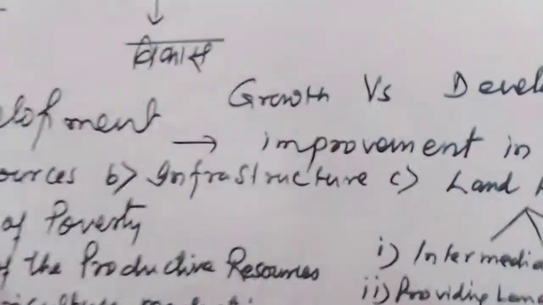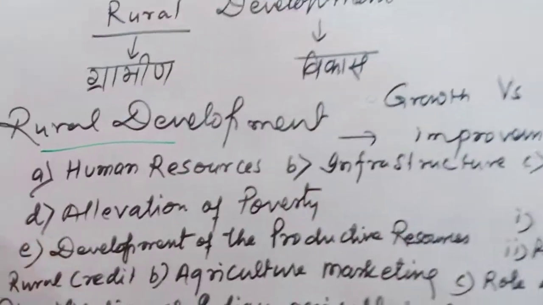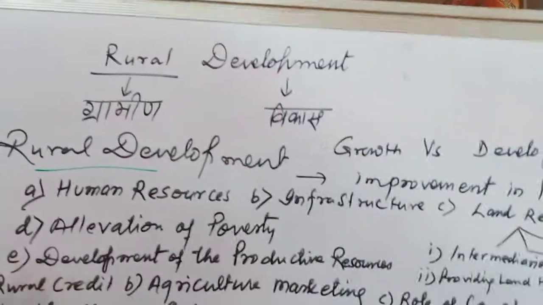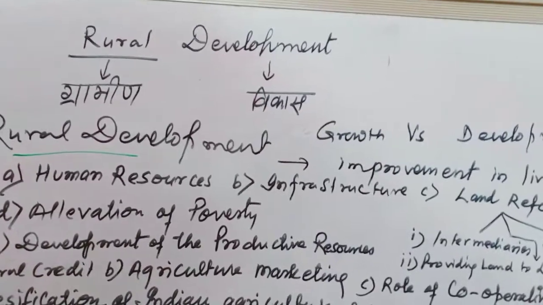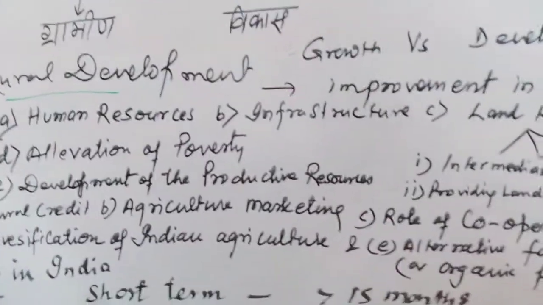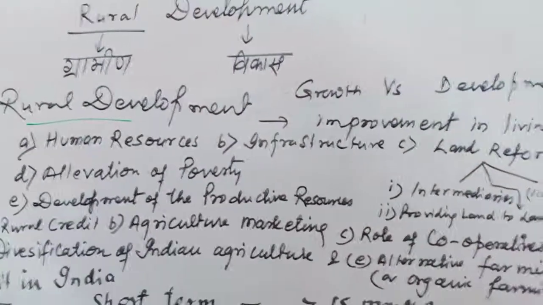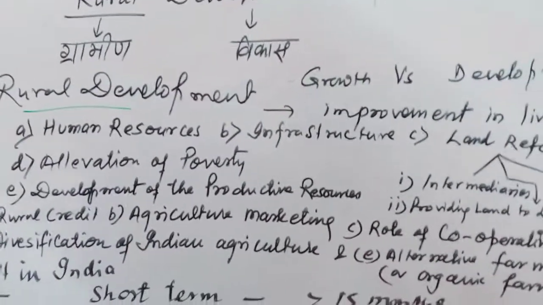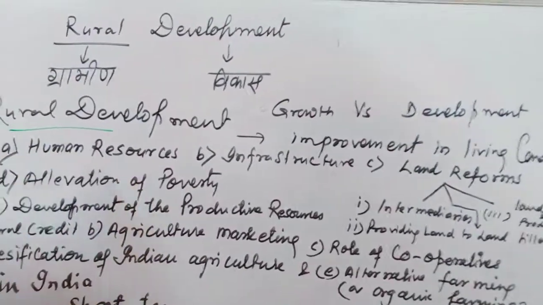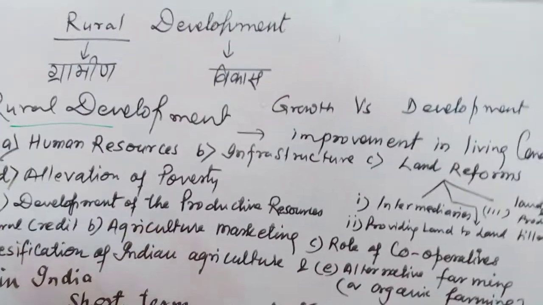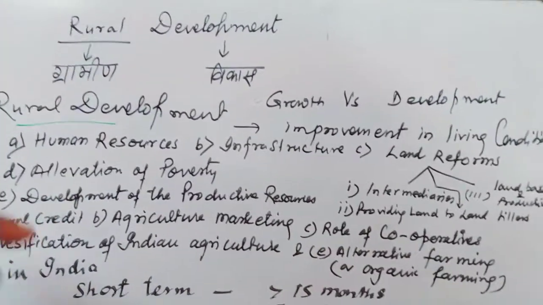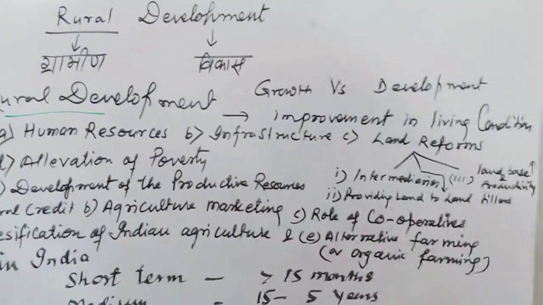Human resource. India has the most youth population. India is a youth country, you can say. APJ Abdul Kalam used to say that India is a young country. Because of human resources, if you see, they are going to NASA, America, European countries, and Gulf countries.